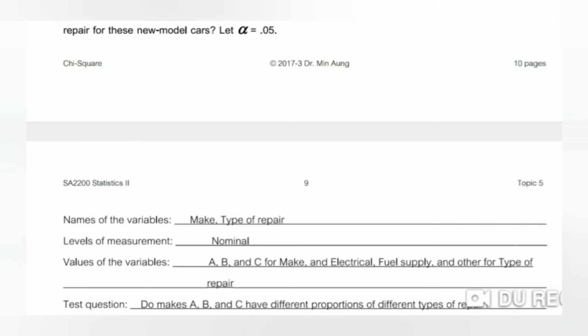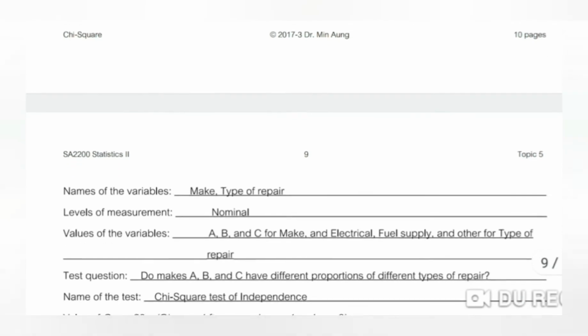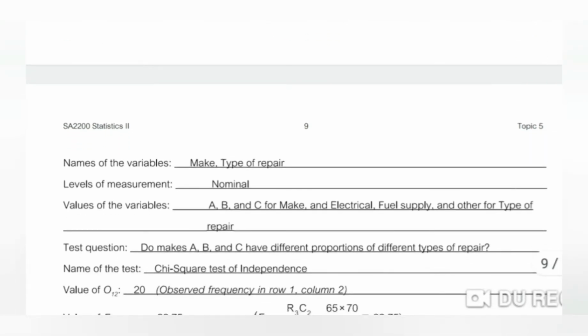Test question: what does it mean when we say that the two variables are dependent or the two variables are independent? Then we have to compare proportions of three problems in three makes.